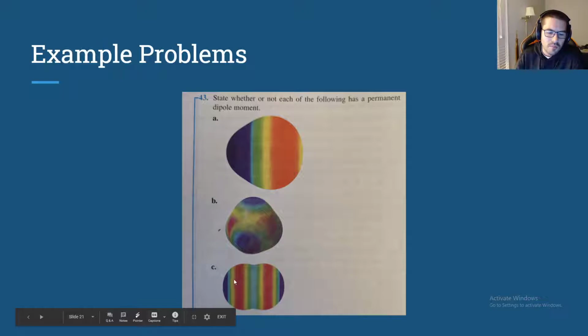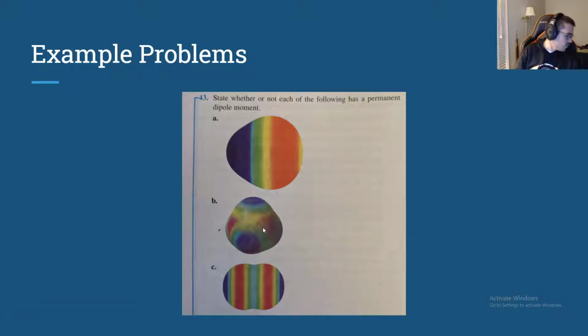This looks like it's probably some sort of molecule like two oxygens or two nitrogens together, where the electron density is just around the atoms themselves. I'm not exactly sure what this is, but because there is symmetry here, we would say that there is no permanent dipole moment. There may be temporary dipole moments, right? We do see there are probably negative and positive regions, but overall, the molecule does not have a permanent dipole or polarity associated with it.